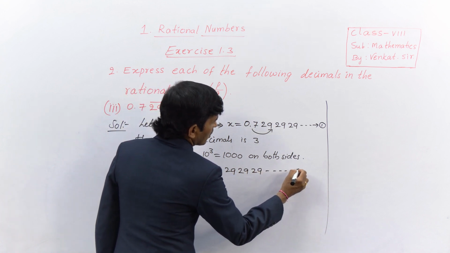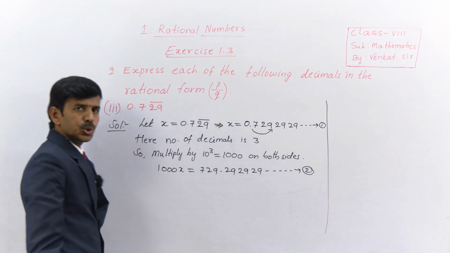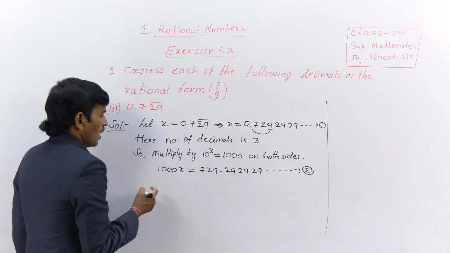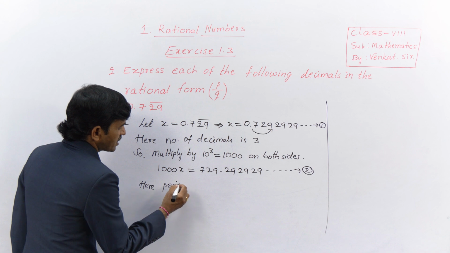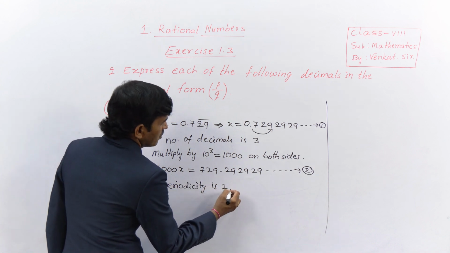So 1000x is equal to 729.292929 and so on. Let it be equation number 2. Now the number of recurring digits is 2, so the periodicity is 2.